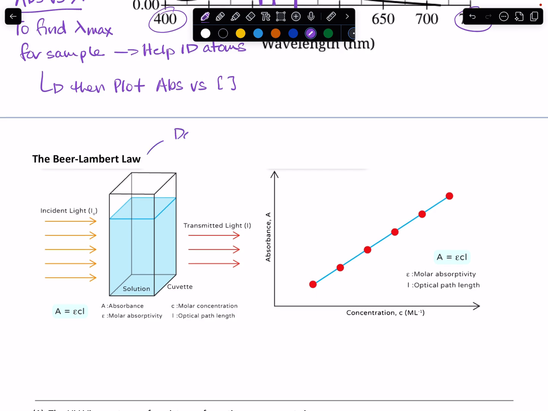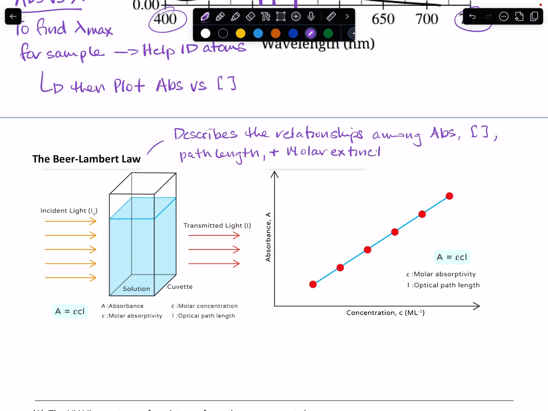All right. So this law describes the relationships among absorbance, concentration, path length, and something new for us, something called the molar extinction coefficient. All right.